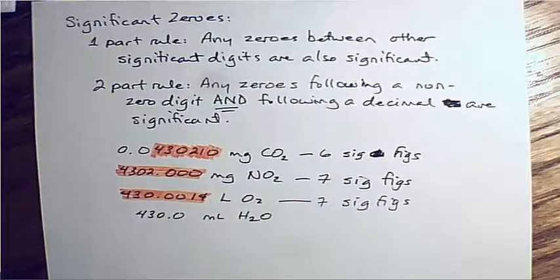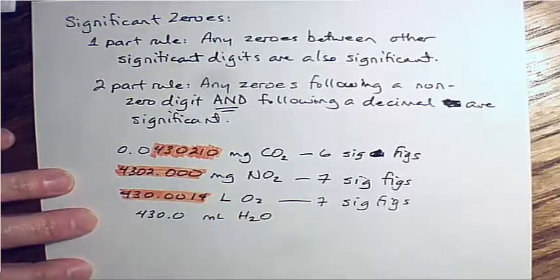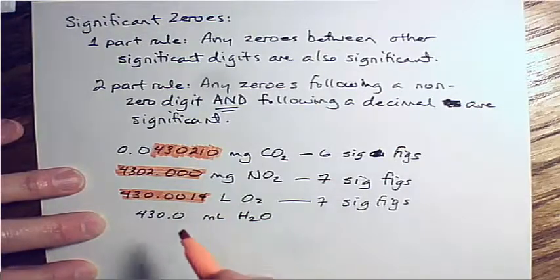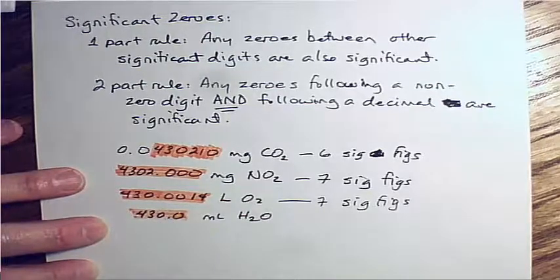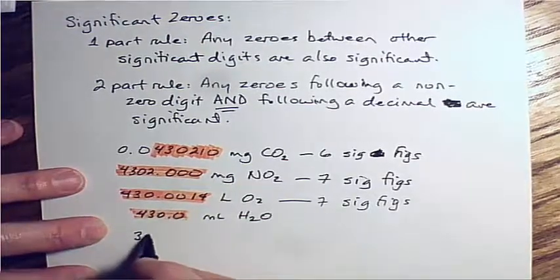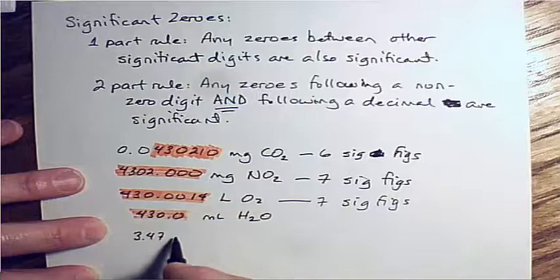Trailing zeros, if there's a decimal place, are significant. But they have to trail non-zero digits. Okay? All right, so all these are significant. Okay, how about this?